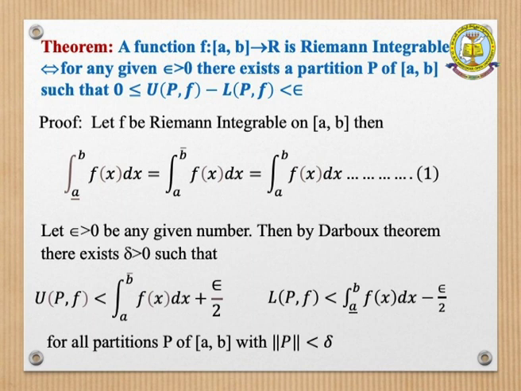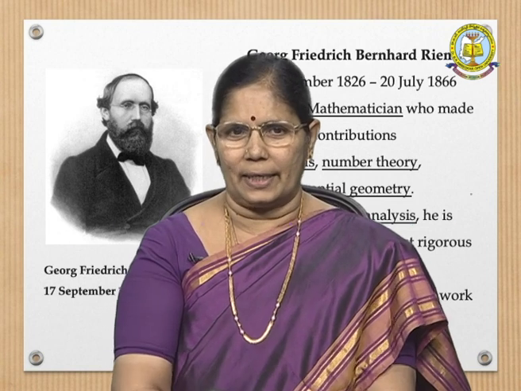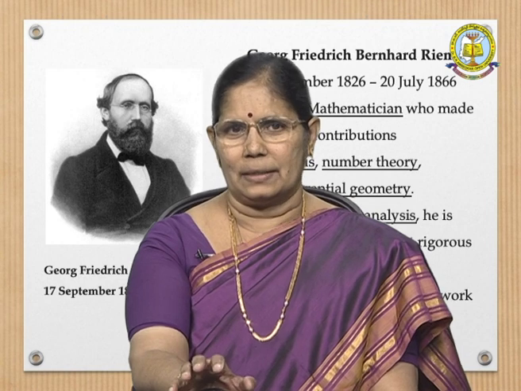Then you have the lower integral a to b f of x dx equal to the upper integral a to b f of x dx, which is simply the integral a to b f of x dx. Then for any epsilon greater than 0, you have UPF less than the upper integral plus epsilon by 2 and LPF greater than the lower integral minus epsilon by 2, just now stated by using Darboux theorem, for any partition P with norm P less than delta.